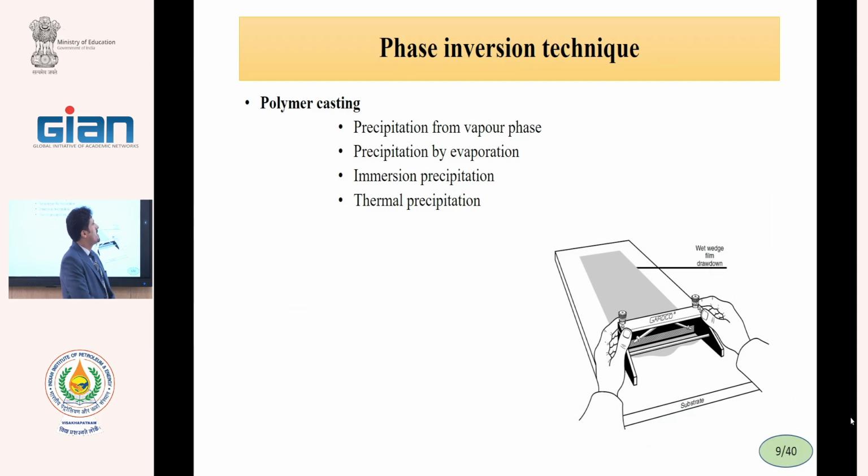The change from liquid to solid is named phase inversion or phase separation. This change from liquid to solid is mostly done with non-solvent, vapor, evaporation, or thermal techniques.